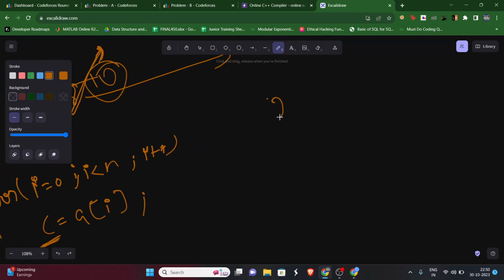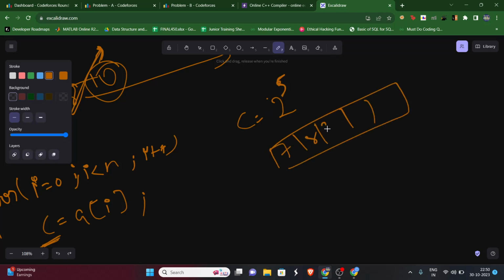So let me explain over here. Let's say I have c equal to 2 to the power 5, and then I have some values like this, let's say 7, 8, 3, 2, and 5. Though 2 to the power 3 can also divide, 2 to the power 2 can also divide this c, and 2 to the power 5 can also divide, the first operation will be performed by this 3, right?